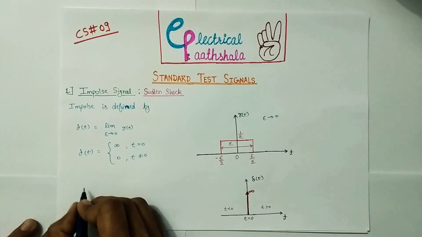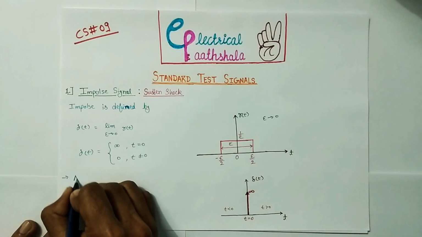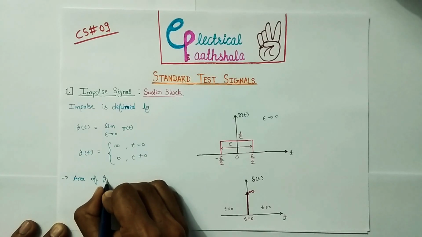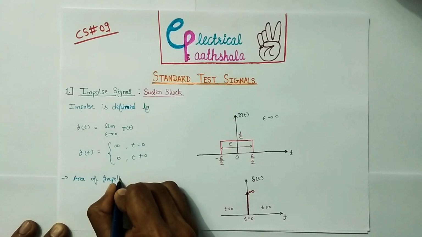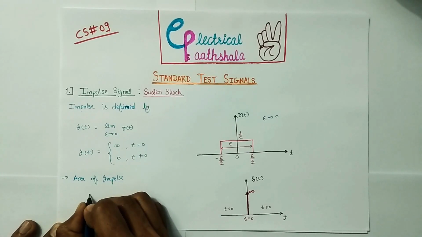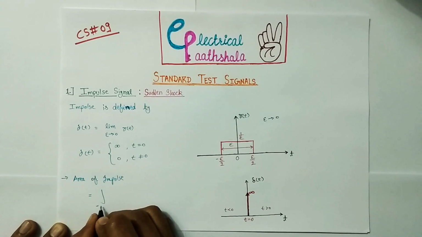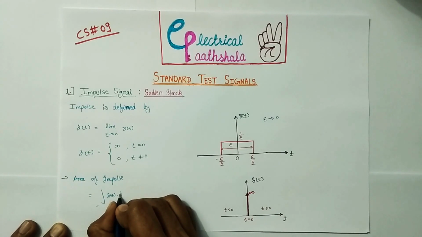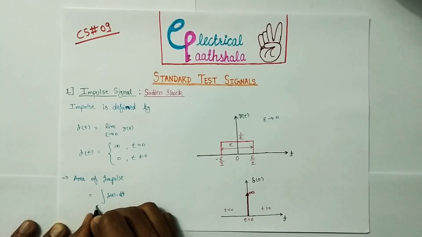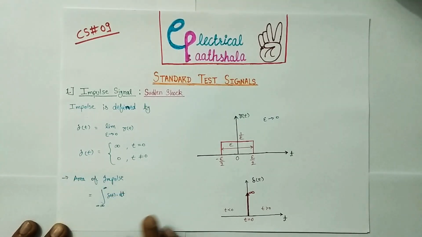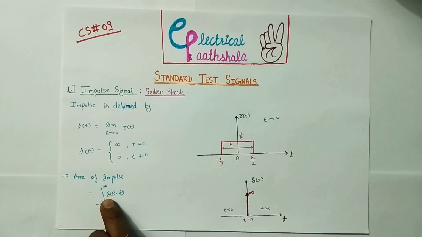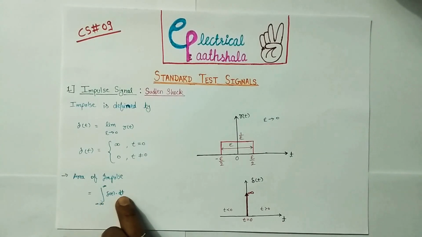Now here we will see what is the area of impulse. Area of impulse is given by integration of delta t with respect to dt from minus infinite to infinite. That is, area of impulse is given by time integral of impulse signal with respect to time from minus infinite to infinite.